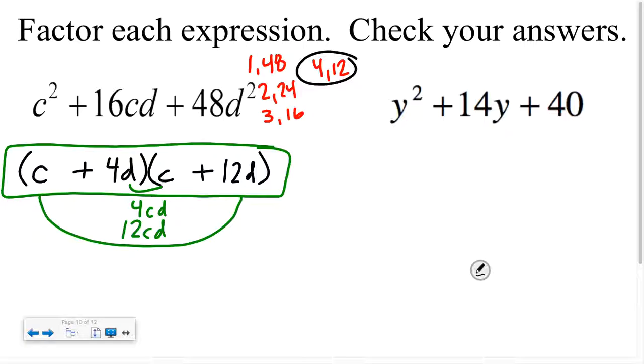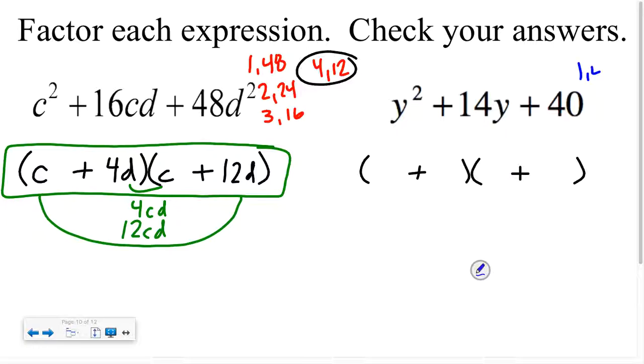Okay, y squared plus 14y plus 40. GCF. Anyone? Or does it have one? No? Okay. If you want to check your sign rules, are your signs going to be the same or different? Same, so they're both going to be positive. That A term, the number in front of the squared, is 1. So listing your factors here might be a quicker way than guessing and checking.